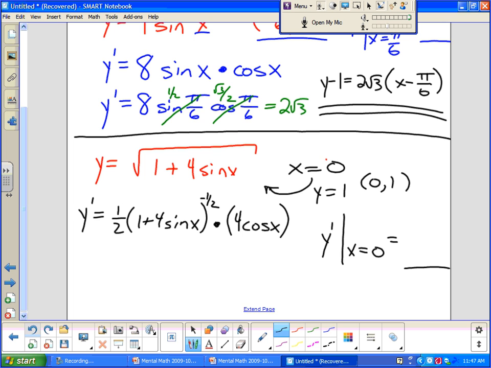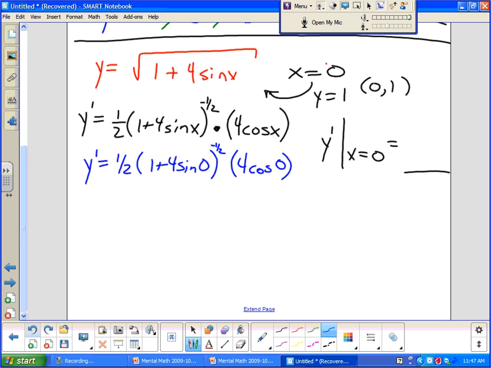And again, I'll evaluate now at 0. Sine 0 is 0.